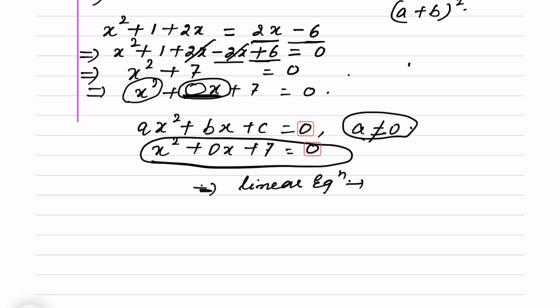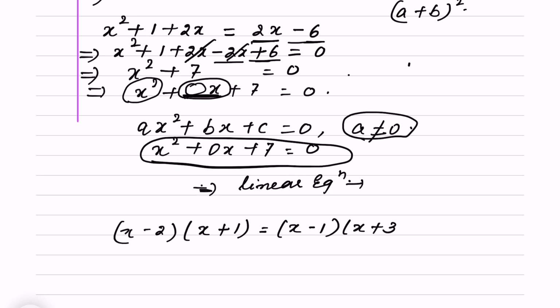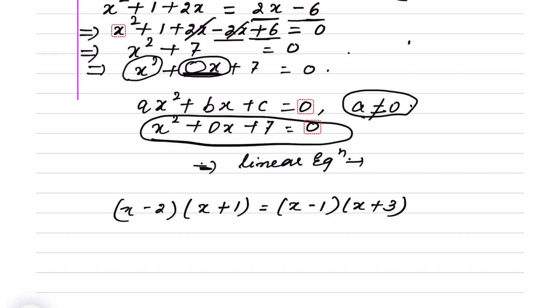Let us take one more question: x minus 2 and x plus 1 equals x minus 1 and x plus 3, as products. If you check without simplifying, you will say that x into x is x square, so it is a quadratic equation. No, you simplify it. Maybe some terms will cancel.